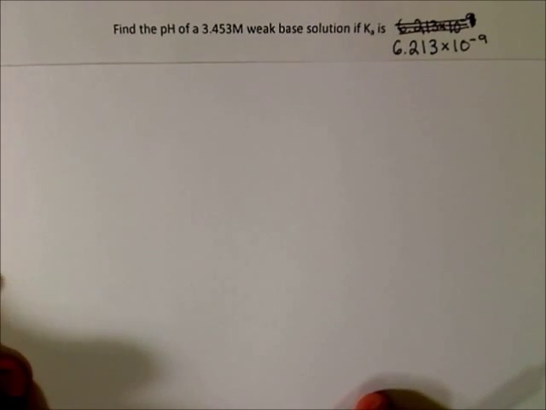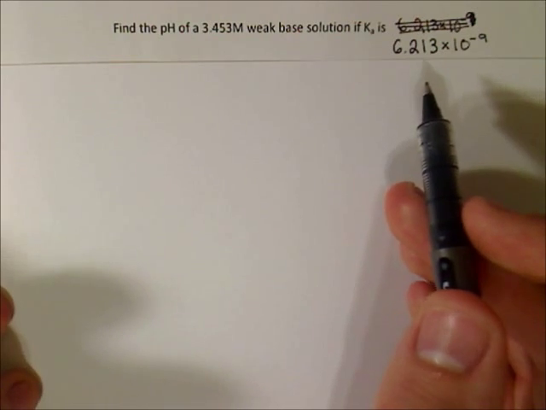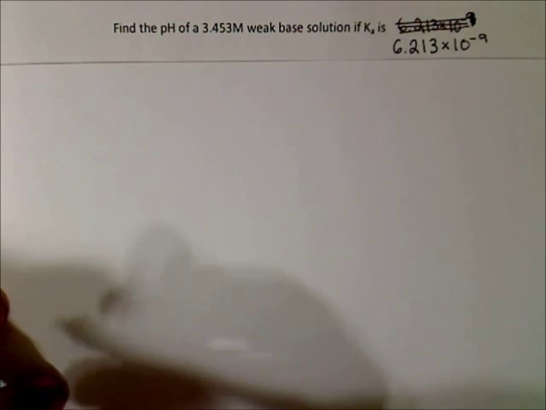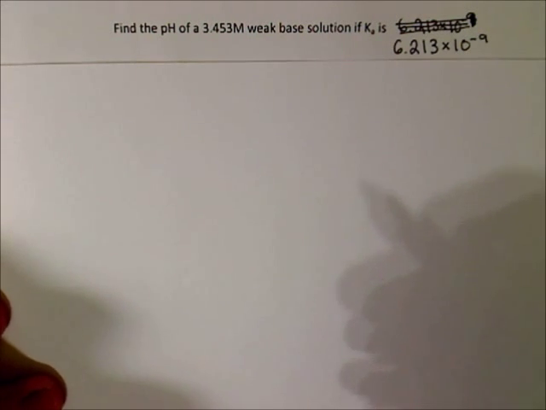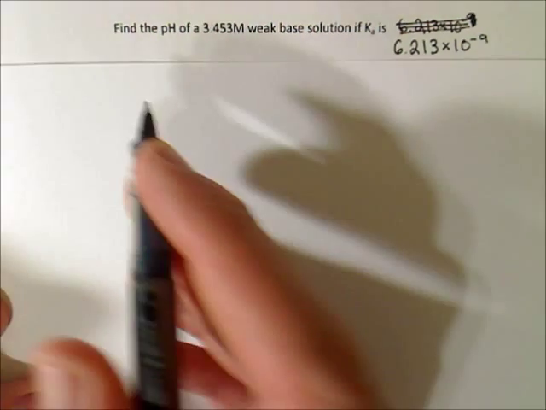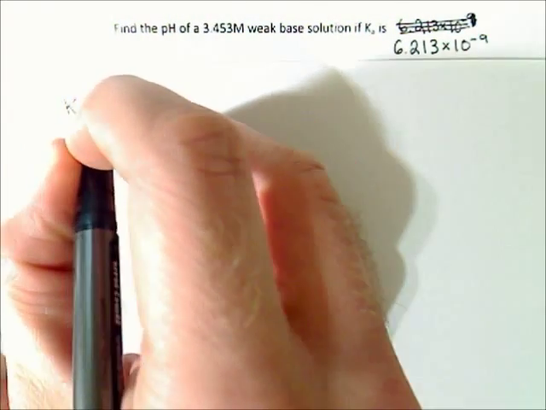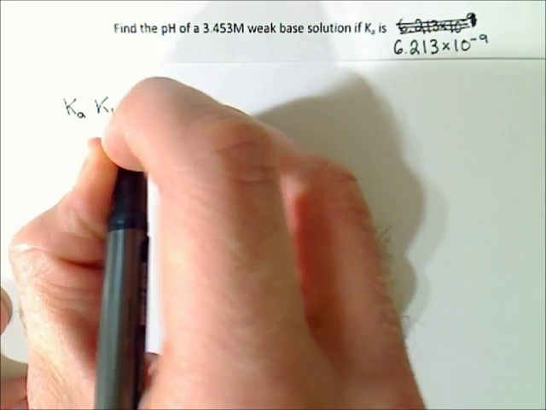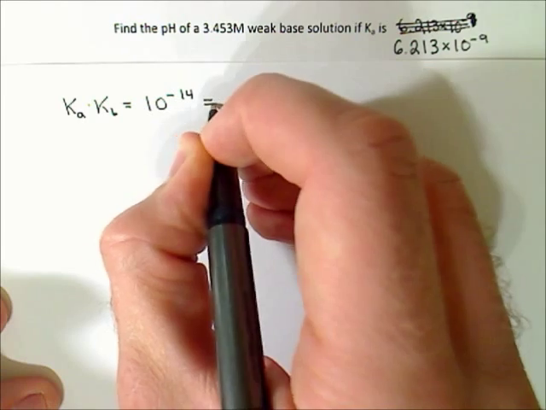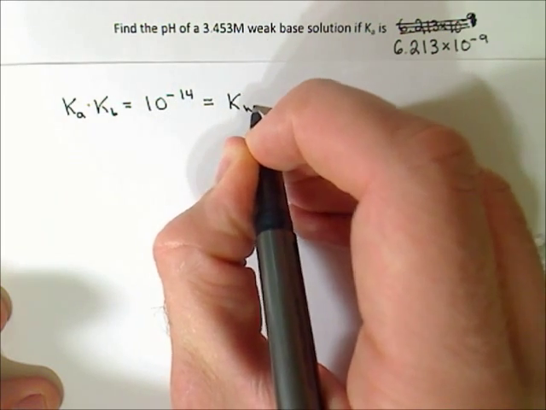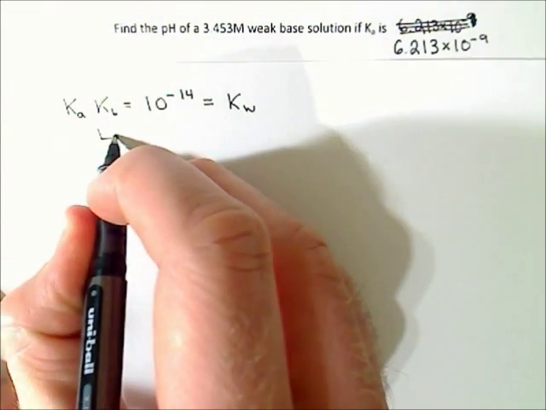These ones are the same principles, but in this case they're giving us a Ka for the weak base. And so what we actually need in order to find the weak base pH, we need to find Kb. But using our relation we learned, Ka times Kb equals 10 to the negative 14th, which is just called Kw. So we can solve for Kb.